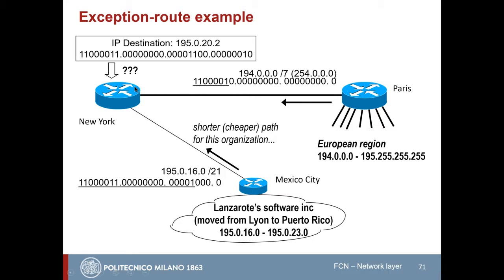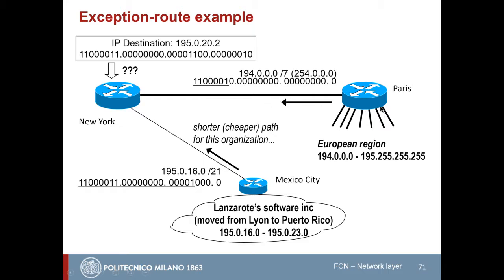And in this case, assume that the router receives a packet that has as a destination a host belonging to that company, and by chance the host is located in Mexico. Okay. So if this router has a single entry, which is the large entry of the European networks, this packet will be sent to Europe.